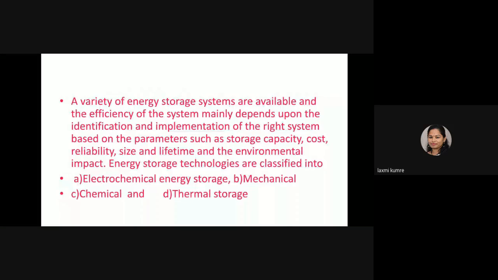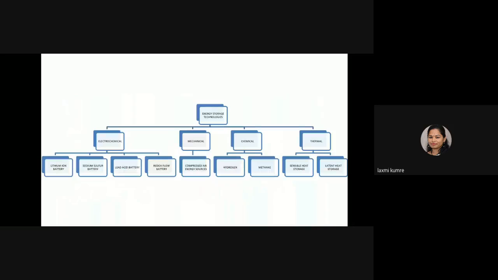A variety of energy storage systems are available, and the efficiency of a system mainly depends upon the identification and implementation of the right system, based on parameters such as storage capacity, cost, reliability, size, lifetime, and environmental impact. The energy storage technologies are classified into electrochemical, mechanical, chemical, and thermal storage.